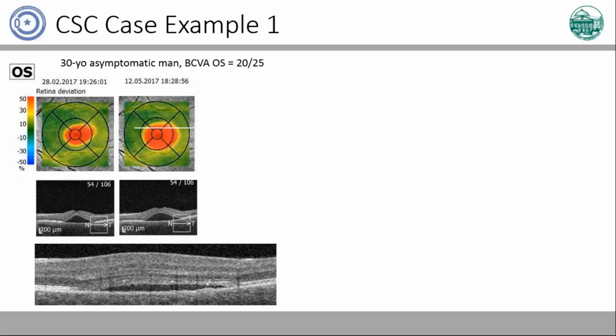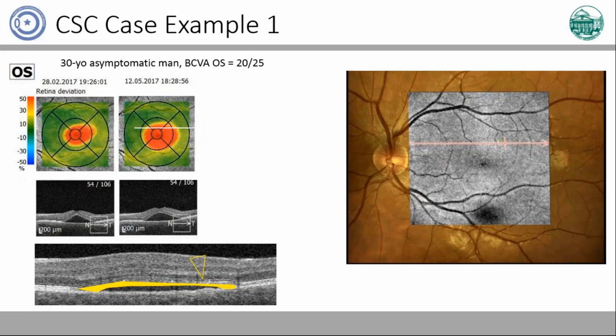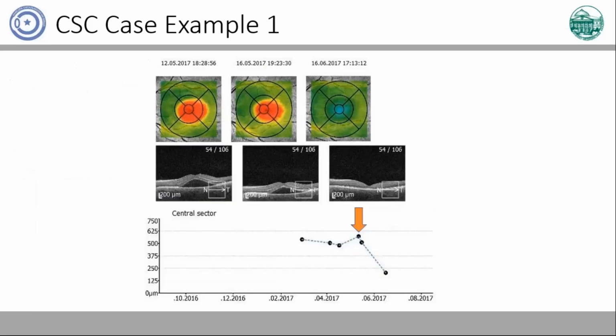You can see that the fluid is stable over almost 3 months. It's truly a non-resolving case. And you can also see this small pigment epithelial detachment and photoreceptor outer segment layer thinning over it. This is the only possible source of the leakage in this case, and you can plan and perform laser, followed by complete and stable resolution of subretinal fluid.